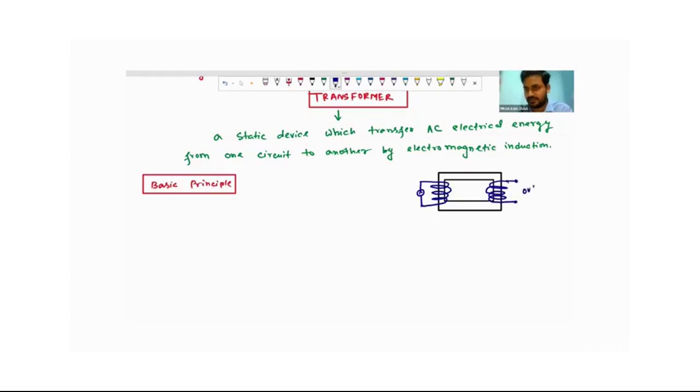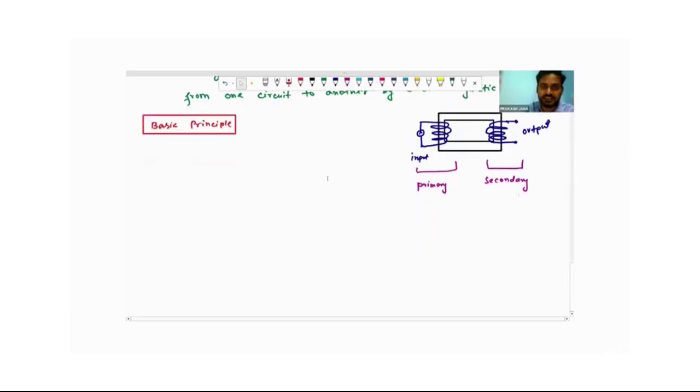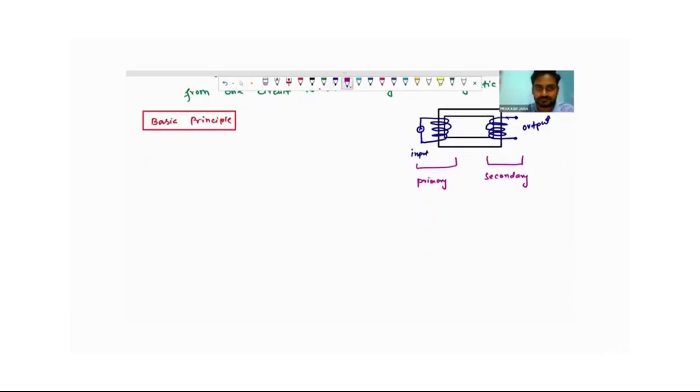This is the input side. This side is known as primary, and this side is known as secondary.